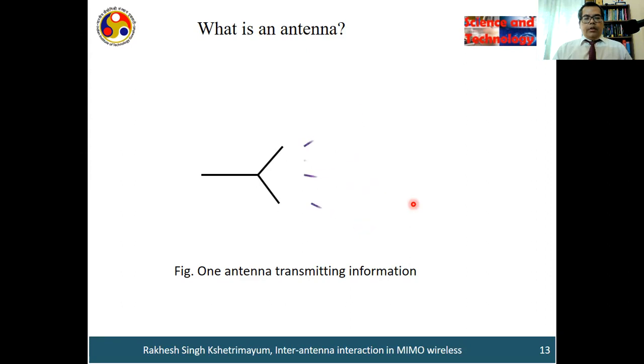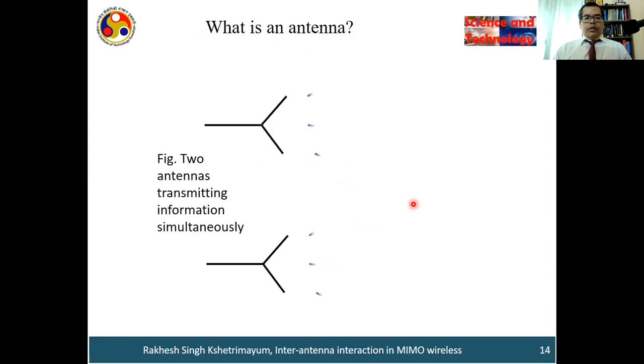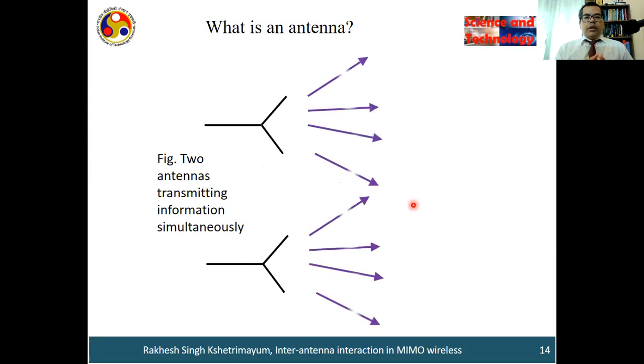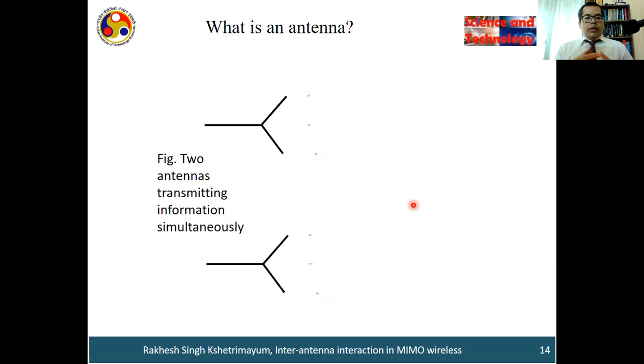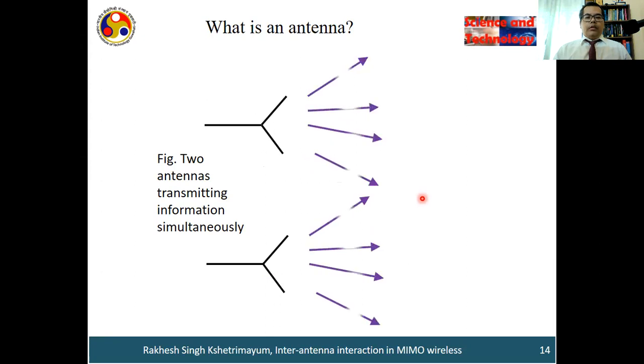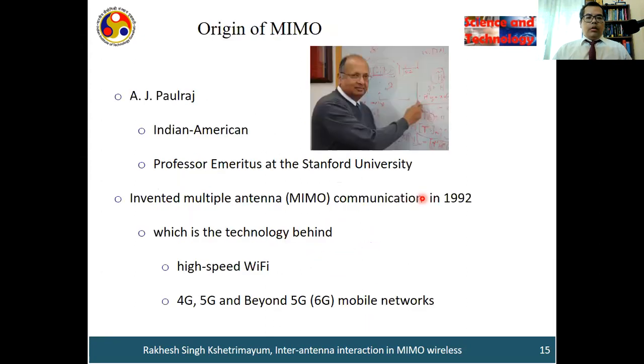Let's consider another case where you have two antennas simultaneously transferring information. One good thing about wireless communications is that everything is logical. So logically, if you transmit with two antennas simultaneously, then you will be transferring at twice the data rate of the single antenna. This kind of idea was the origin of MIMO wireless.